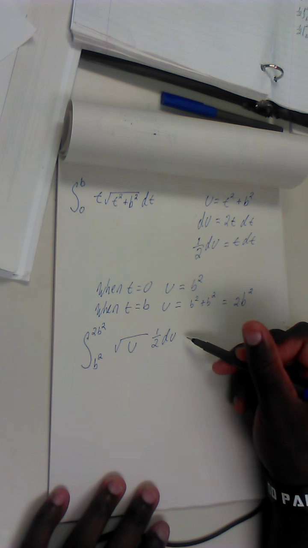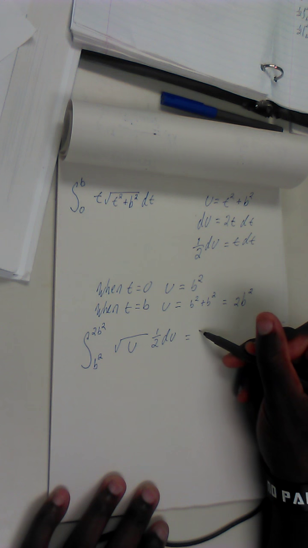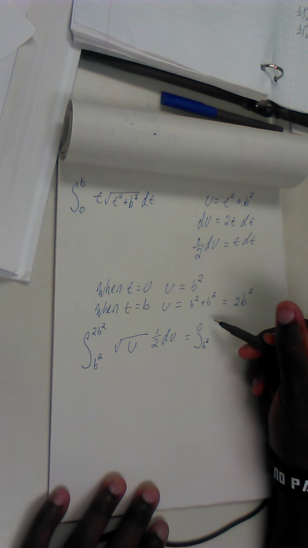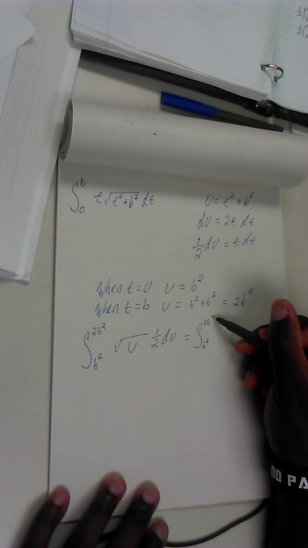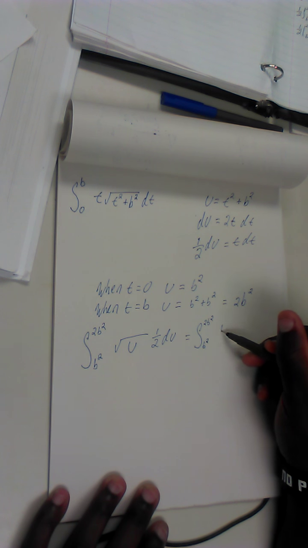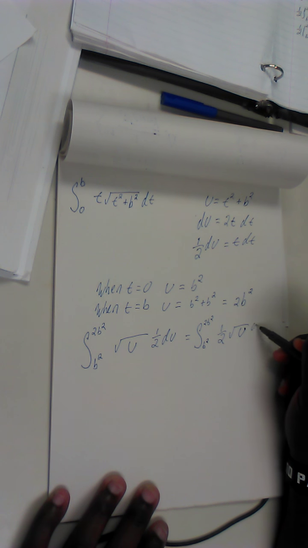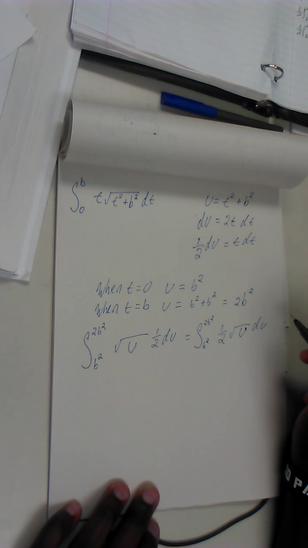So let's go ahead and isolate. 1/2 u is equal to du, well, times du, I'm sorry.